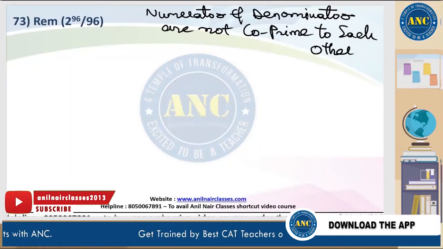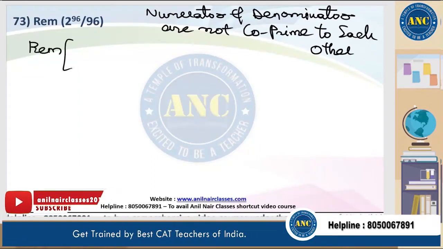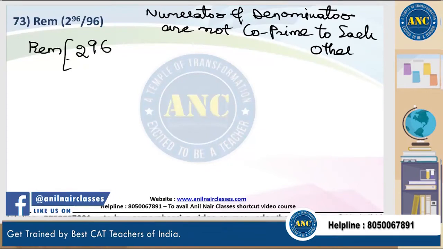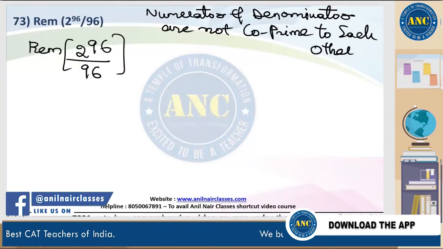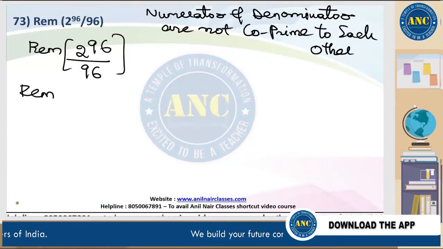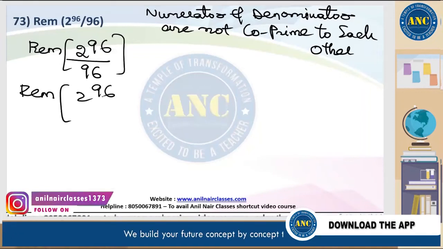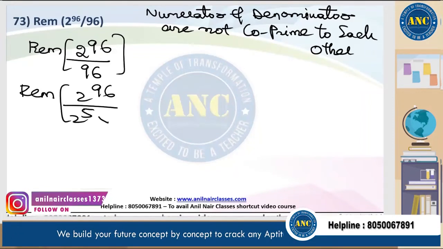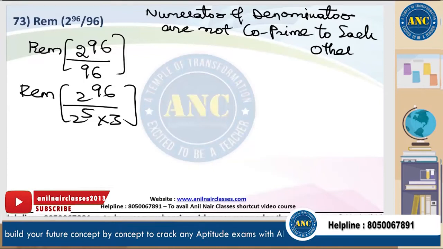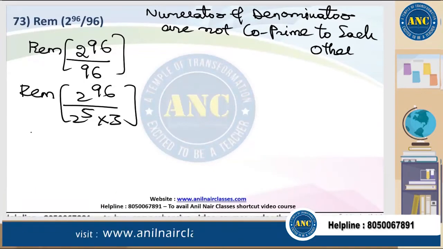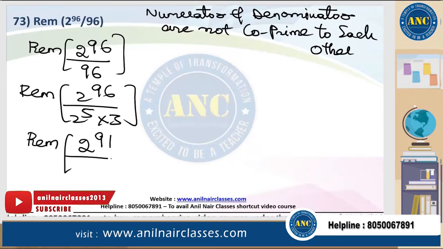First one, remainder of 2 power 96 divided by 96. First let me make it co-prime to each other. 96 is 2 power 5 into 3. 32 3s are 96. This is nothing but 2 power 91 by 3.